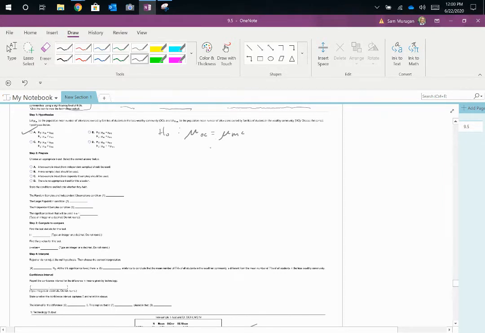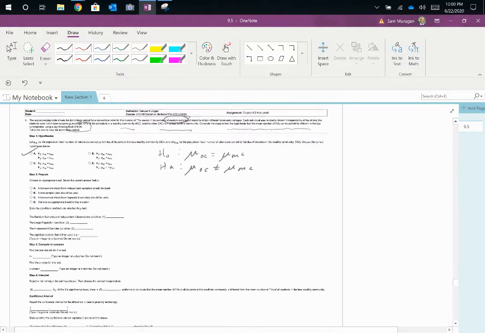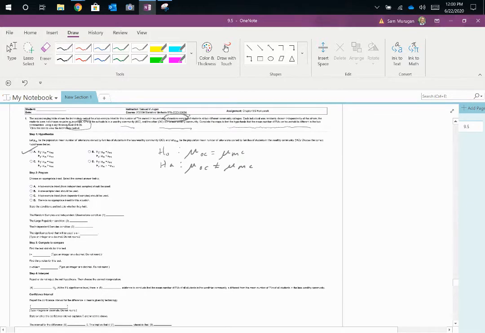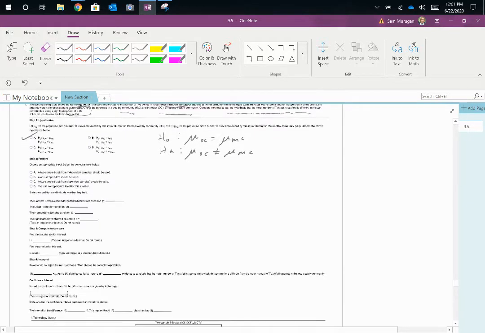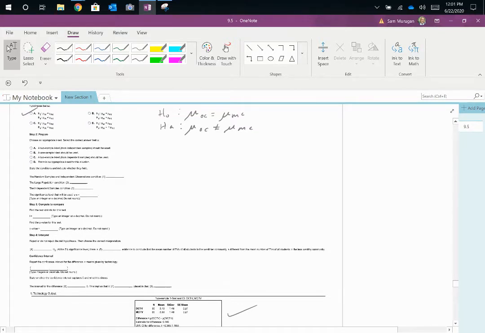And then the alternative hypothesis would be the same thing, not equal to the more wealthy. For this, you would want to do a two-sample t-test. A two-sample t-test from independent samples should be used.